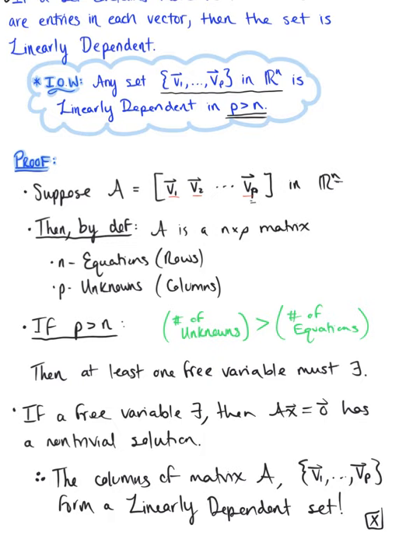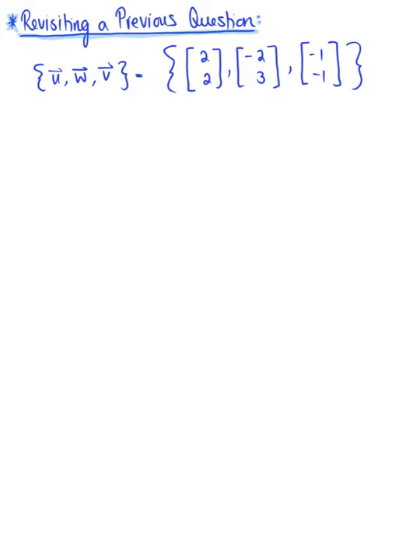So let's now take this newly verified theorem and use it to revisit the example that we looked at in the very last video. To help us really see the power of this theorem, let's revisit a previous question.